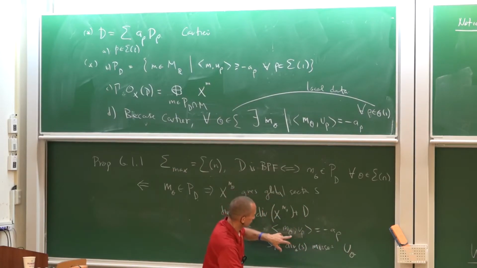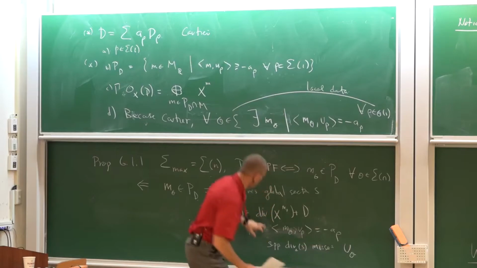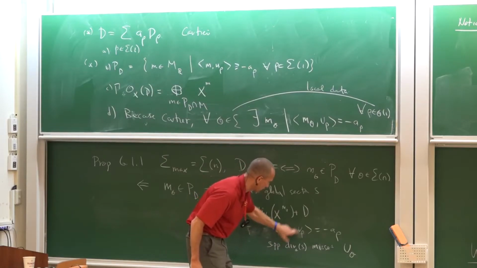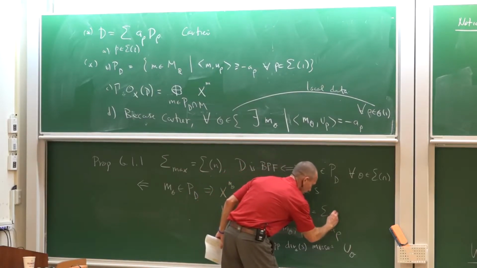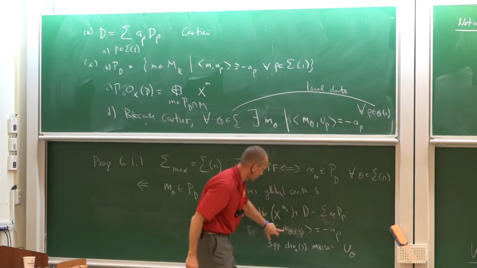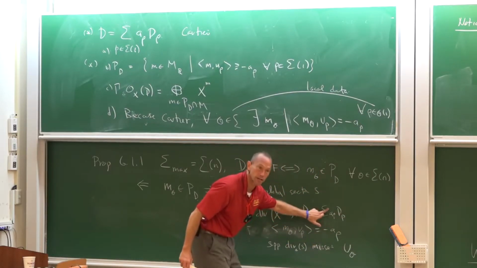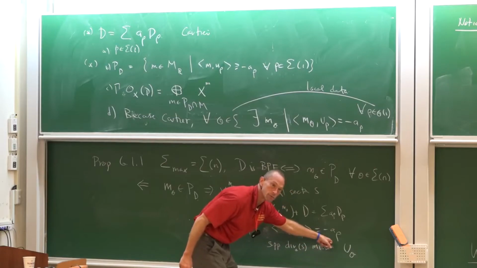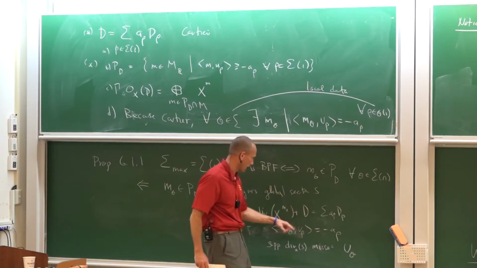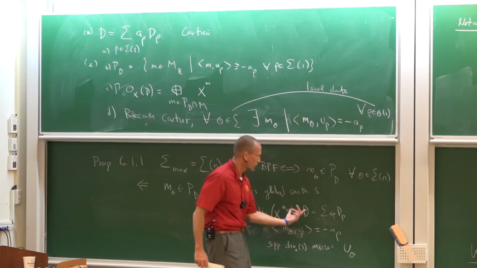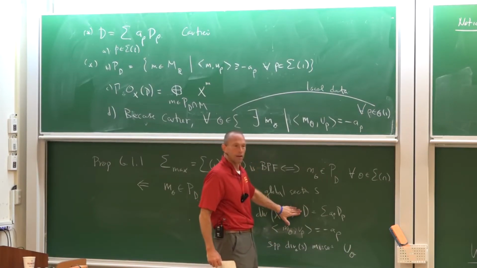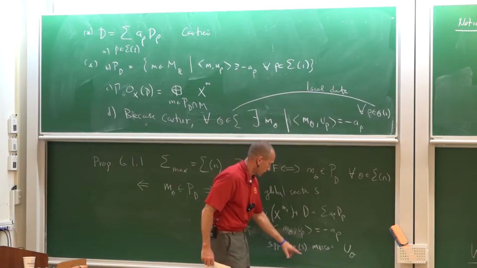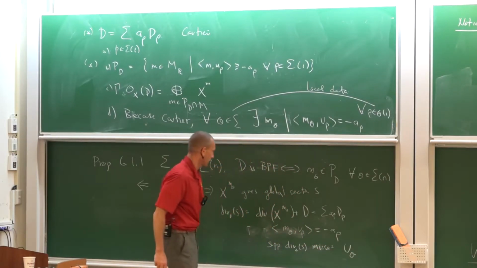Remember what the support is. The point is that this was my local data, right? And the divisor of chi^m is exactly given by this recipe, but D was equal to the summation of a_rho D_rho, right? Because this is equal on the nose to this a_rho, those cancel, and so the support of the section misses U_sigma. Because this is true for all the rays in sigma(1), you can think of this as where I'm allowed to have poles, and because of this equality, all those poles are erased, so this divisor completely misses U_sigma. So that's one direction.